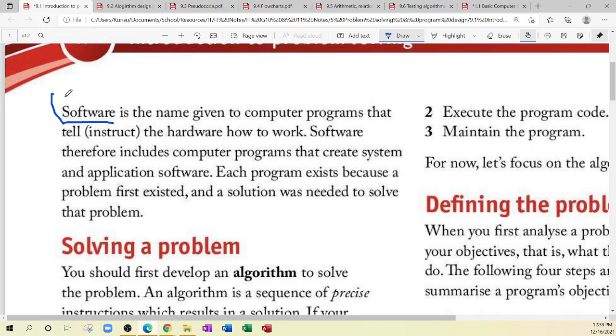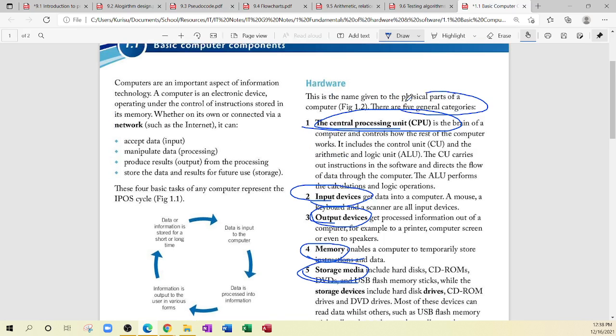So software, one of those categories, this is what Shaniza was talking about. I think I asked the wrong question, but you guys got the idea. I confused the categories of the information system and the categories of hardware.